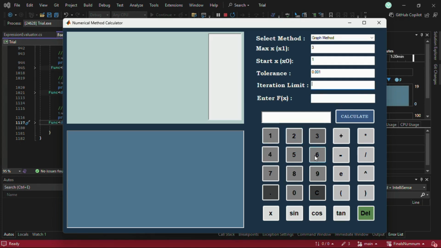Iteration limit is 6, and the equation is e raised to the power of negative x.